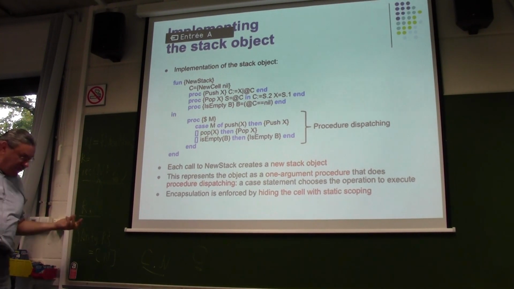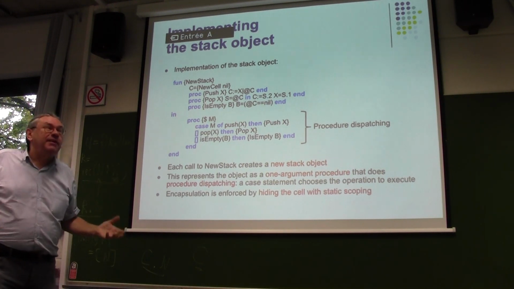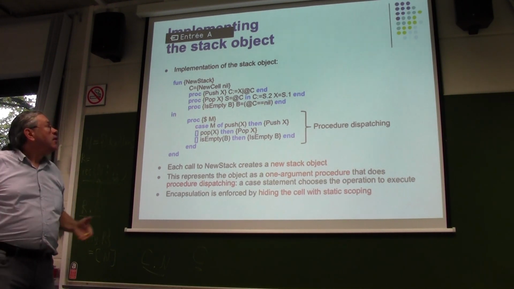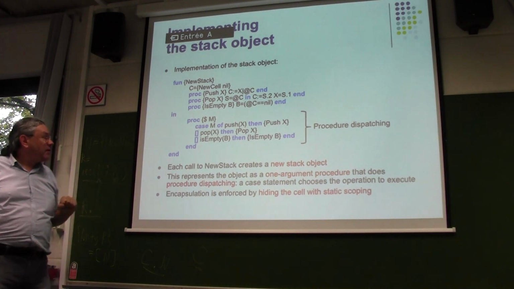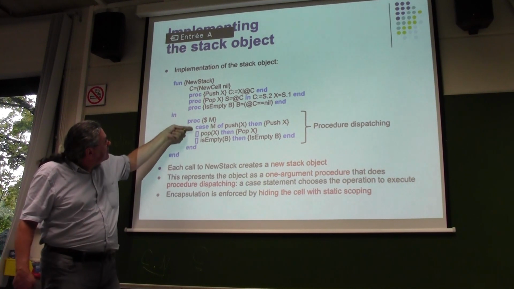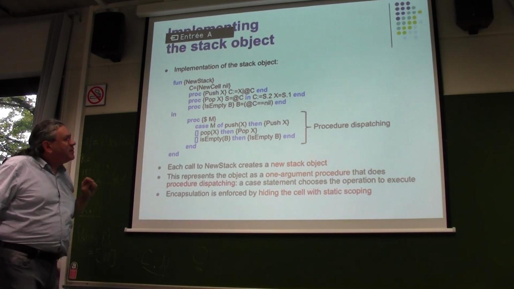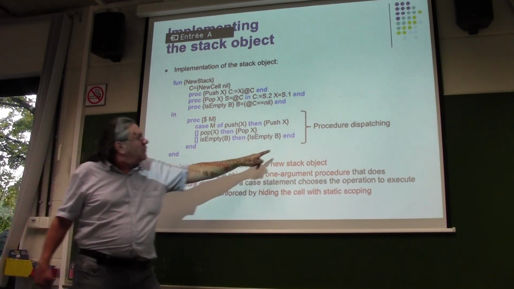If I show you a Java object class, you don't actually know the semantics, you just know the syntax. But here, this is the actual semantic definition. The way you access the methods is using a procedure with a case statement. This is called procedure dispatching.